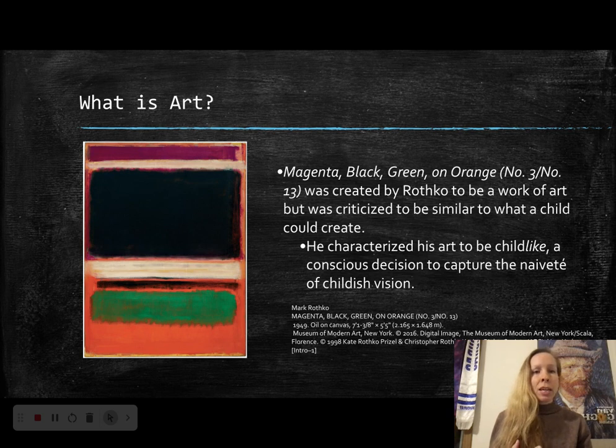And it was very criticized for its time as being something similar to what a child would create. So he did create his artwork to be very childlike, but he really wanted his artwork to be a very spiritual experience with the way he used color and brought people into his paintings.